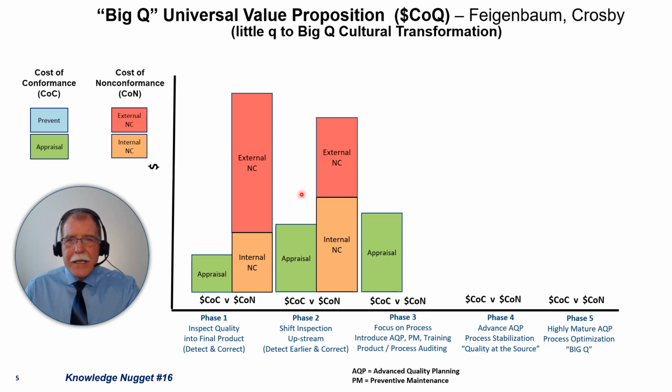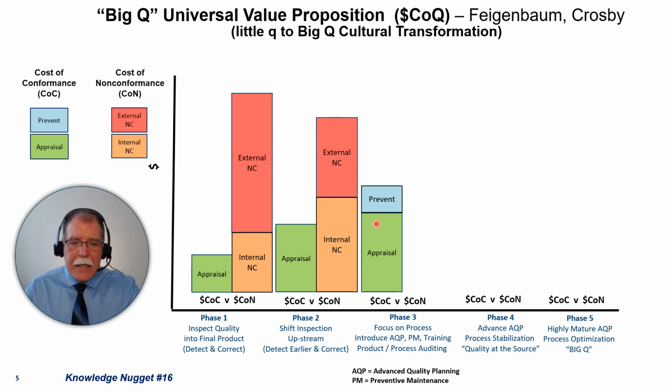Now, when I move into the next phase of transformation, I'm still increasing appraisal activity. Maybe now I'm adding in product and process auditing. But I'm also starting to learn about this thing called preventive big Q quality. And so I'm starting to dial in advanced quality planning techniques. I'm doing more preventive maintenance.